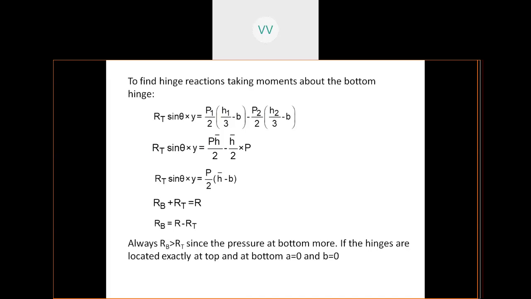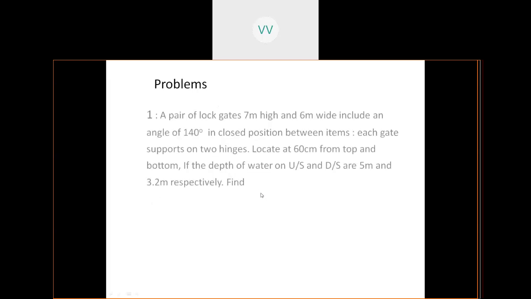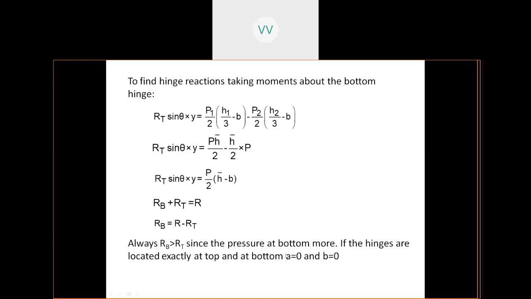If the hinges are located exactly at the top and bottom, A is equal to 0 and B is equal to 0. That means the distance vanishes. So we don't usually put the hinges exactly at the top and bottom. If we were able to do it that way, you would have this A and B not be there.